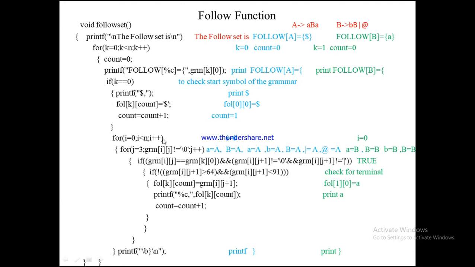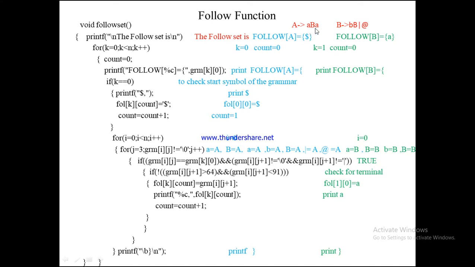Now I'll come to the for loop. Overall, what we are doing in this entire for loop is checking whether in the body of the production anywhere I am finding the capital A or not. In this production or maybe in this production, in the body of the production, not the head, is there any capital A?